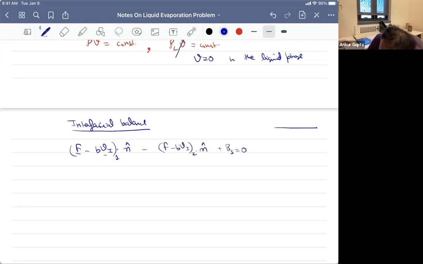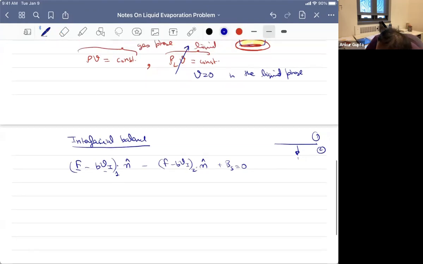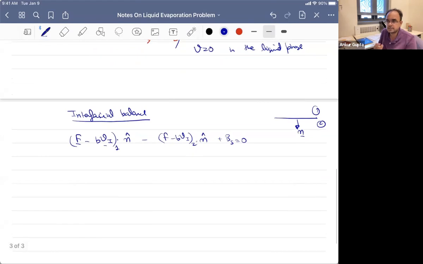And remember that for phase 1 and phase 2, we always take the normal going from phase 1 to phase 2. That's the convention. So it's just the y direction, n equal to e_y.